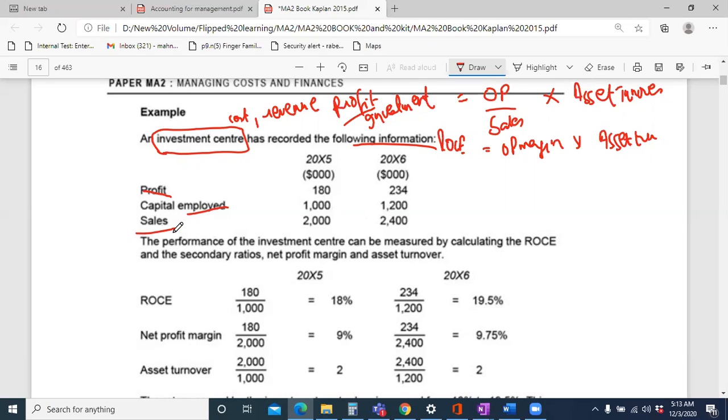Sales data is also given: 2 million sales in 2005 and 2.4 million sales in 2006. Now you want to assess the performance of the investment center. Out of the given data, I can calculate return on investment, operating profit margin, as well as asset turnover, and I can correlate the figures and make it equal to ROCE. That's what has been done in this illustration.